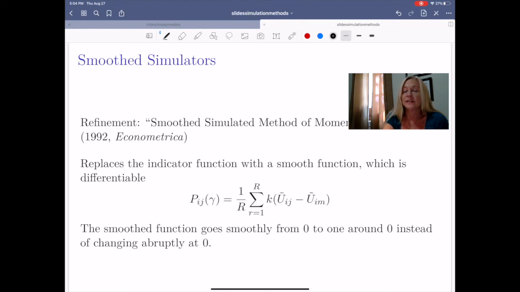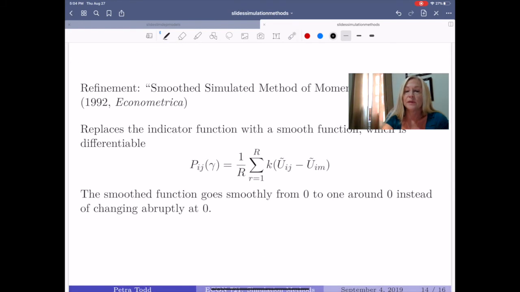Okay, but the problem of non-differentiability you can partly solve. There's a nice paper by Steve Stern called Smooth Simulated Method of Moments, published in Econometrica, and it replaces the indicator function. So the indicator function looks like this. It goes from 0 to 1. Well, you can replace that with a smooth function, which kind of looks like a CDF.